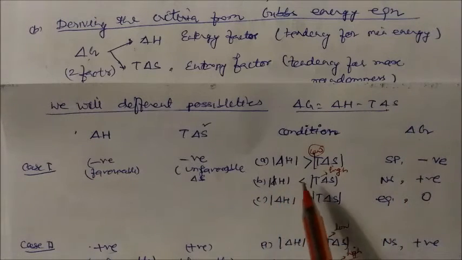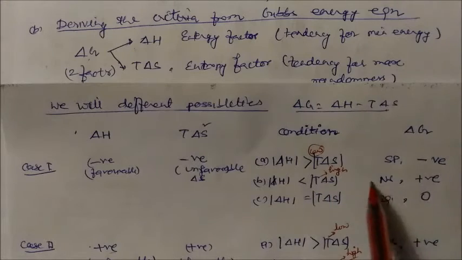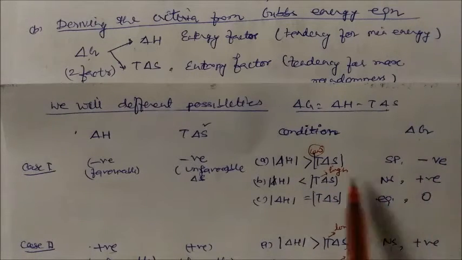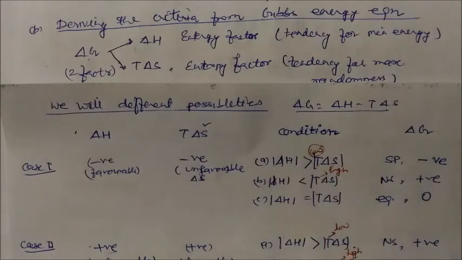If T delta S is greater than the magnitude of delta H, in this case this will be non-spontaneous, because delta G will come positive. This only happens when temperature is high, and the earlier case only happens when the temperature is low. Third case, when both are equal in magnitude, then this becomes 0. Delta G 0 means the process is in equilibrium conditions.